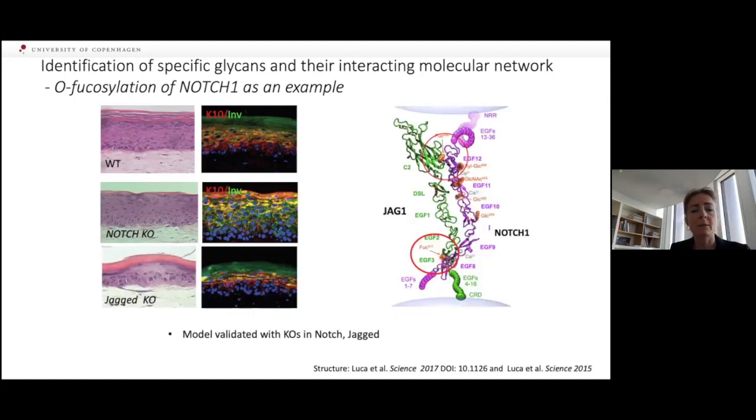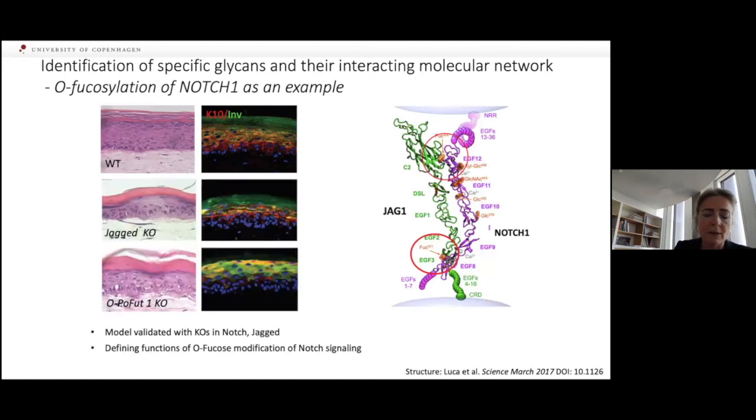Also, knocking out the ligand JAG1, we saw an enlarged basal cell compartment and a complete absence of the spinous layer, which has also been seen in mice. So this fits very well with the results seen by other researchers before.